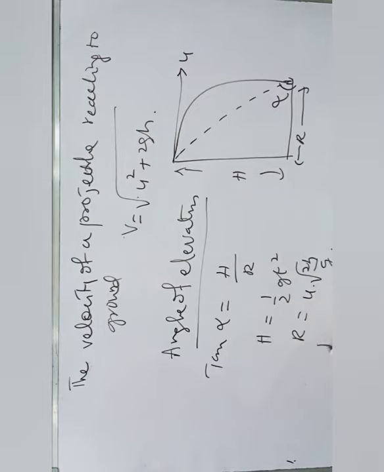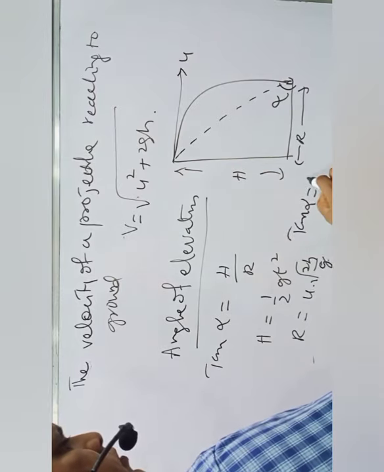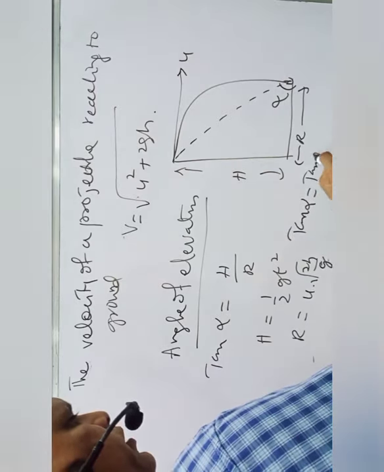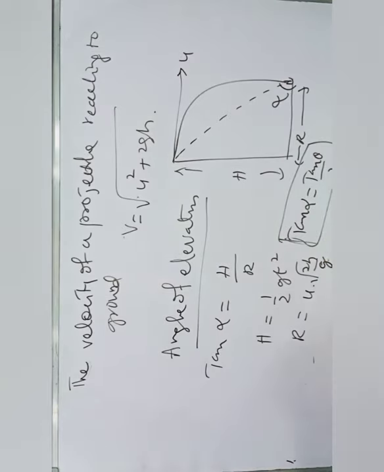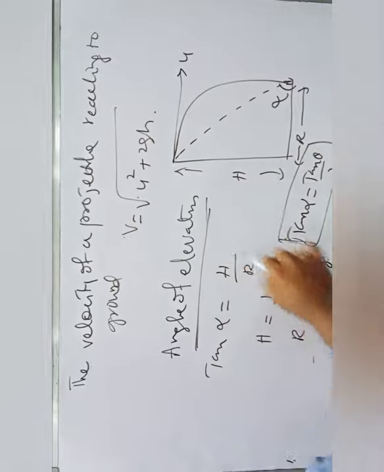By substituting these values, we get tan alpha is equal to tan theta by 2. This is the equation for the angle of elevation for the horizontal projectile.